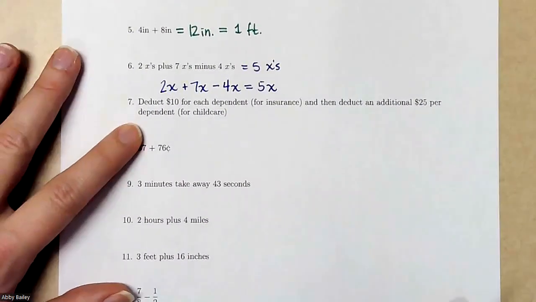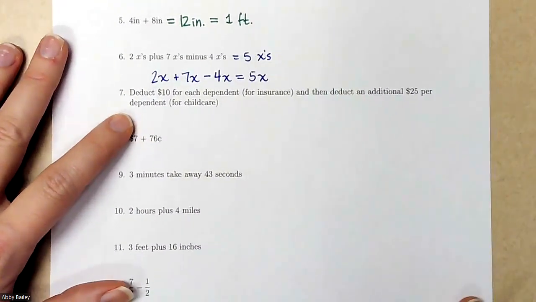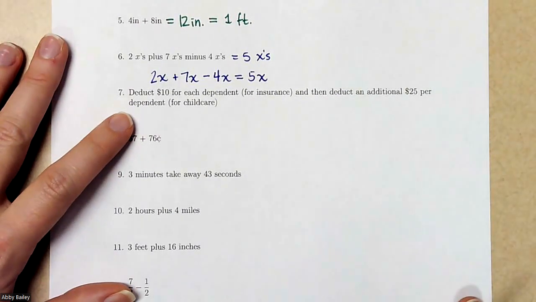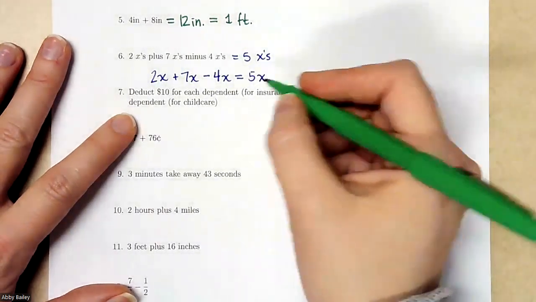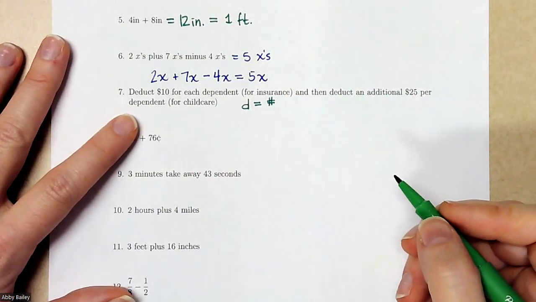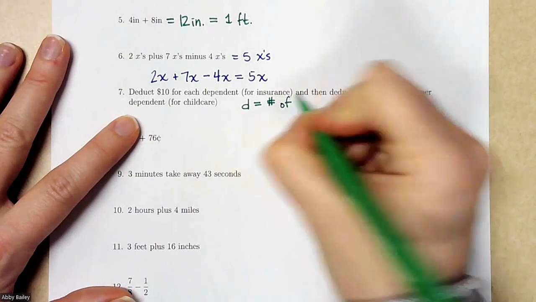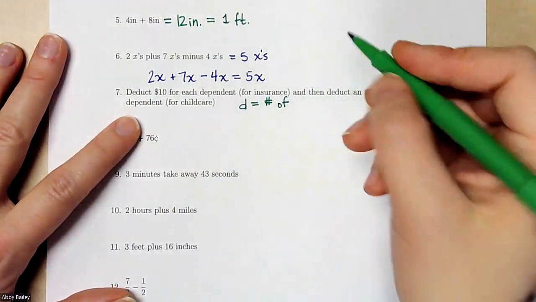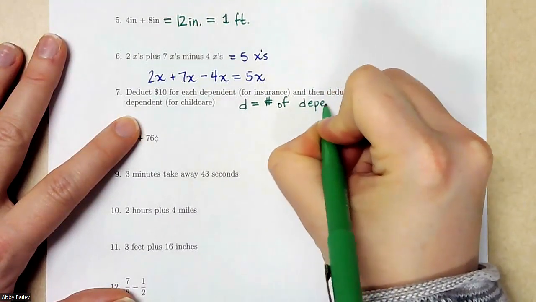Deduct $10 for each dependent for insurance, and then deduct an additional $25 per dependent for childcare. Okay, that sounds like something straight from taxes. Number of dependents.